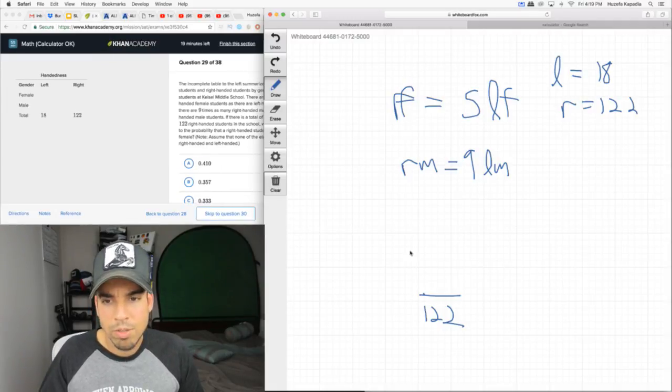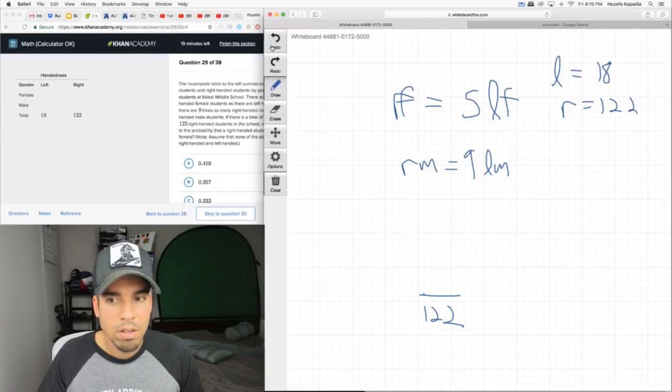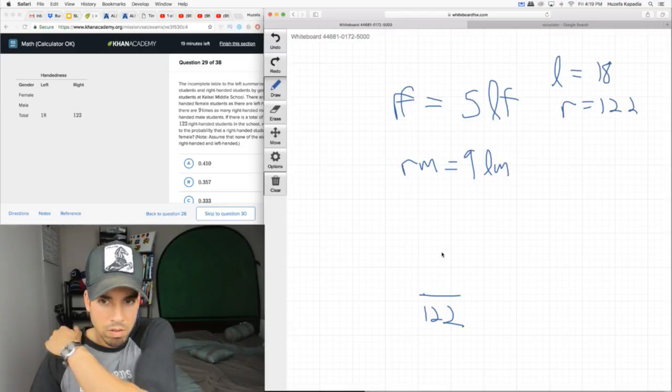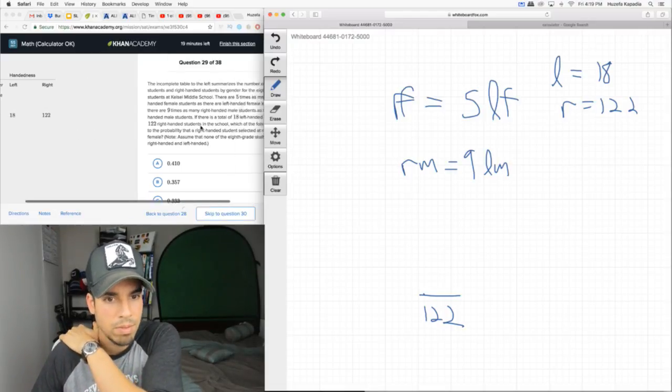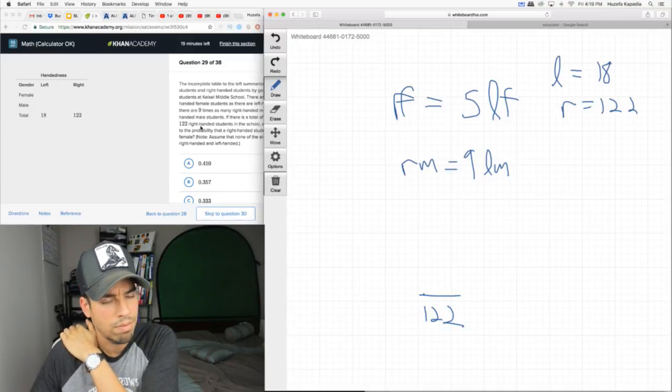Okay, so that means that we could substitute in, we could say 5. Oh, this is male, sorry. No, sorry, I did it the other way. Yeah, left-handed female. So let's see. We know that the right-handed females plus left-handed females.